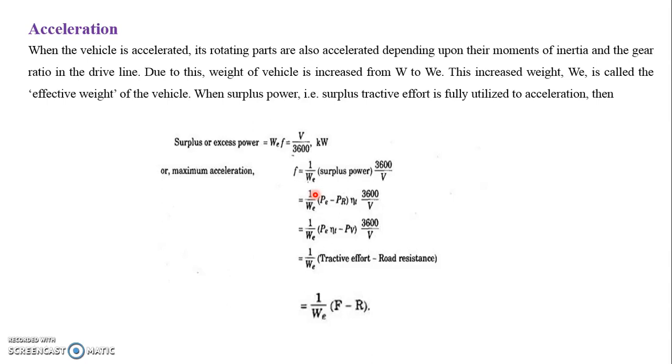Due to this, the weight of the vehicle is increased from W to WE, known as the effective weight or equivalent weight. When the surplus power, that is surplus tractive effort, is fully utilized for acceleration, meaning when excess power is available, then surplus power is equal to effective weight into acceleration into V upon 3600 kilowatt.